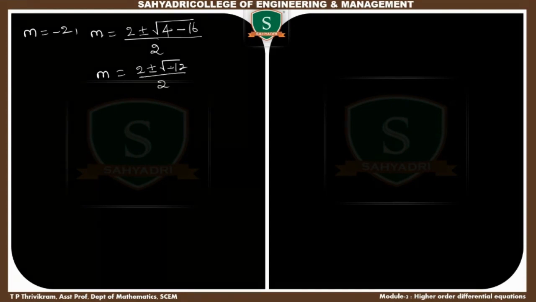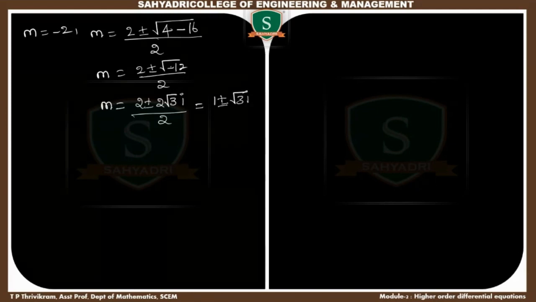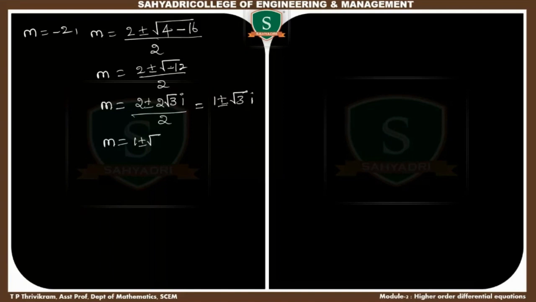But 12 can be written as 4 into 3. The root of minus 4 is 2i. So I can write this as 2 root 3 i divided by 2. Taking 2 common, you'll get 1 plus or minus root 3 i. Therefore, m is equal to 1 plus or minus root 3 i.